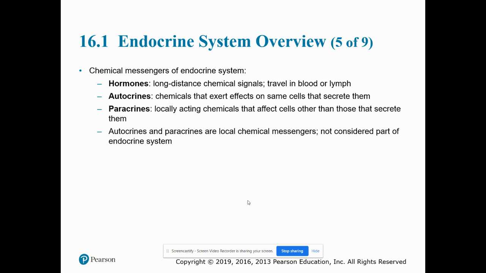So autocrines are chemicals that exert effects on the same cells that secrete them. Basically, cell X secretes a chemical, and that chemical comes back and has an effect on cell X. Paracrines are locally acting chemicals that affect cells other than those that secrete them.